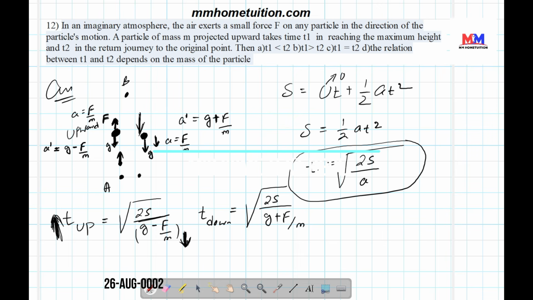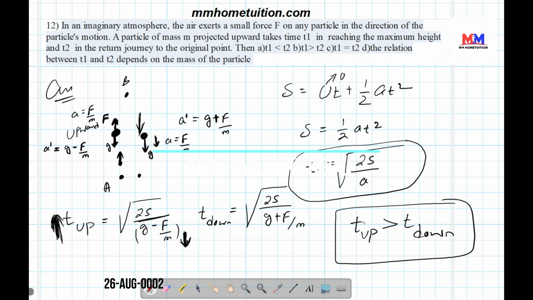Time taken in upward motion is greater than time taken in downward motion.